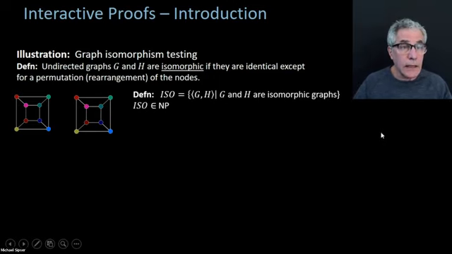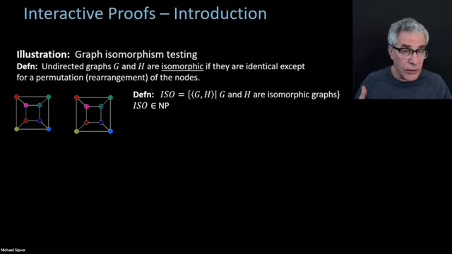And it's easy to see that this problem is an NP problem, because all you need to do in order to give a certificate that the two graphs are isomorphic to each other is just to say which nodes in the one graph correspond to which other nodes in the other graph.